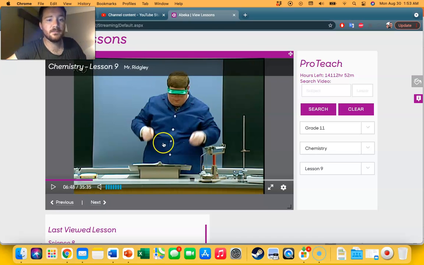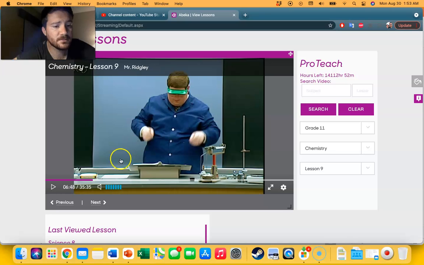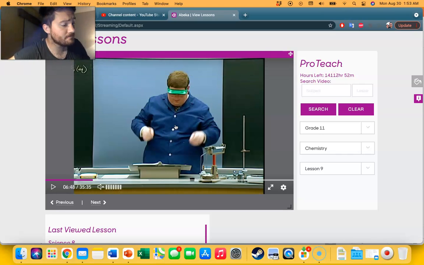I don't think you can see me and watch the video, but he is currently demonstrating the correct procedure on page 15 of your lab book, if you can get that out. Page 15, it is laboratory technique 2.